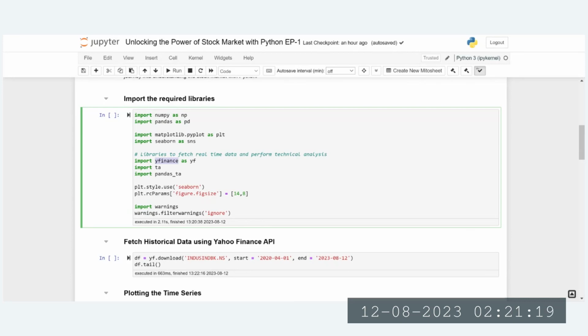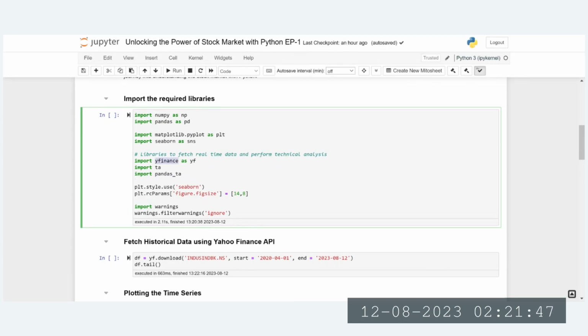And to generate data based on those technical indicators, I'm going to use these two libraries called TA, which is nothing but technical analysis, and pandas_ta, which is pandas supported technical indicators. So we can use either of the two libraries to generate the data based on those technical indicators we just talked about, and yfinance to generate the pricing data of a given equity.